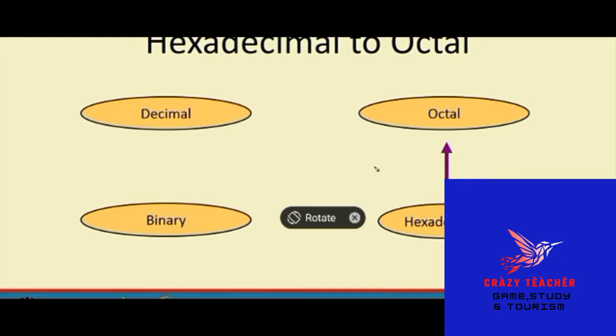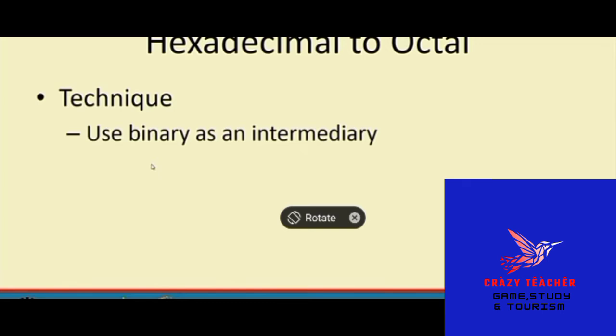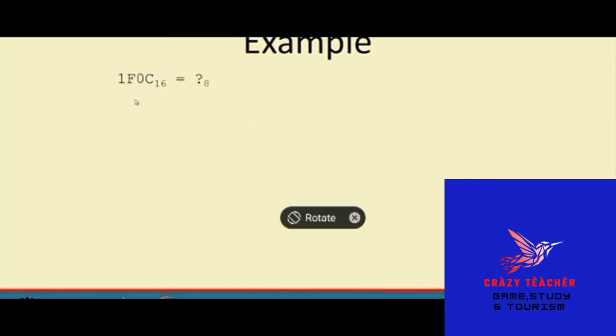So this group is 001, next group is 100, next group is again 001, next group is 111, and the last group is 100. Three extra zeros have been padded so that we can make the groups. So the number that we get in the octal number system is 17414.